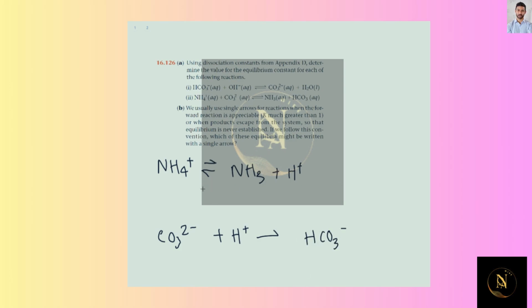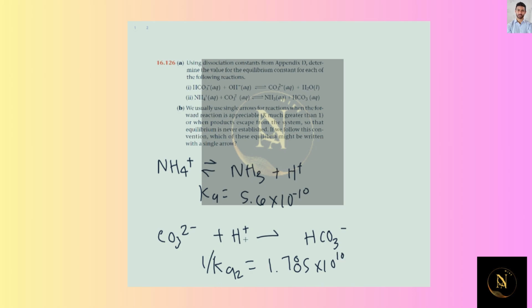The Ka in the back of the book for the first one is 5.6 times 10 to the negative 10th, and for Ka2, the 1 over Ka2 is equal to 1.785 times 10 to the 10th power.